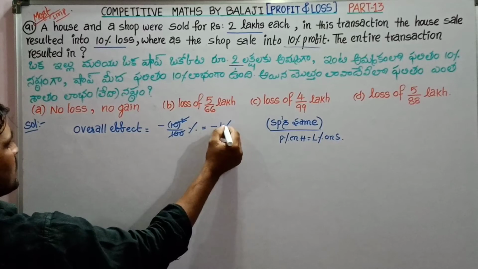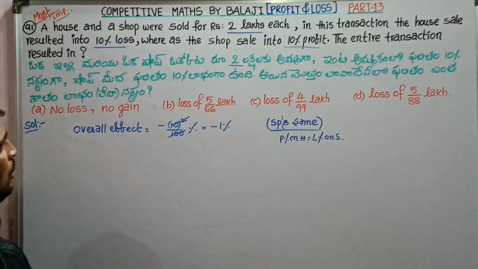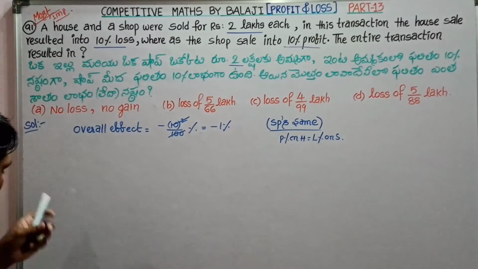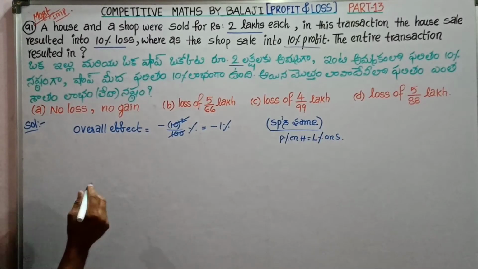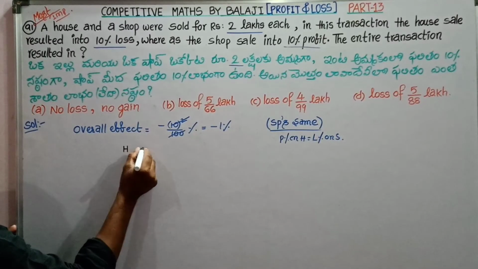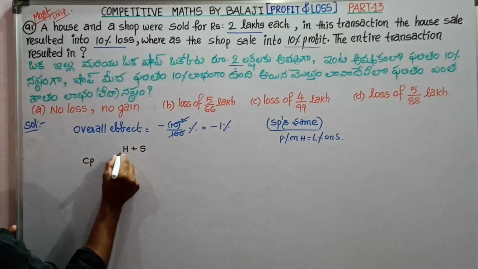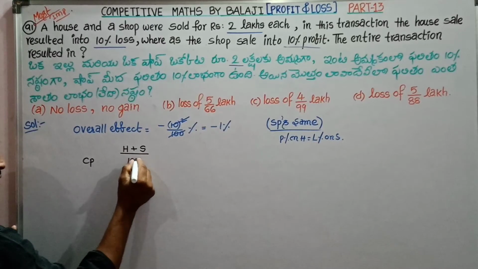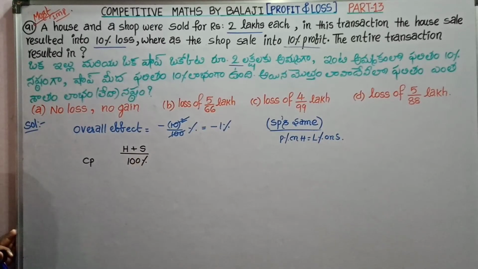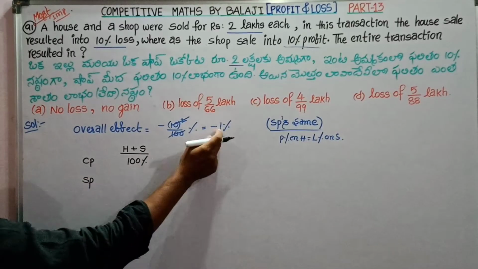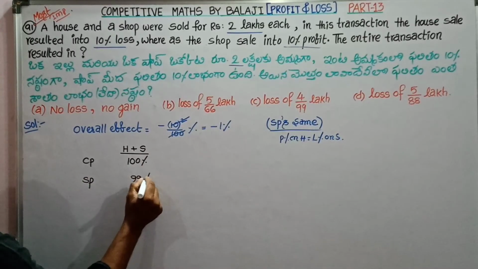Loss is 1% loss. But we have to tell the loss in rupees or lakhs. Suppose the cost price of house and shop is 100%. Then selling price with 1% loss is 99%.